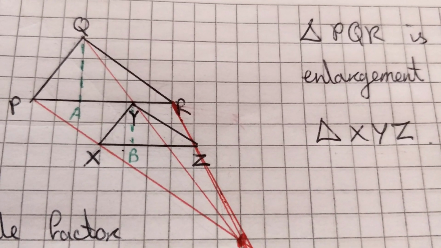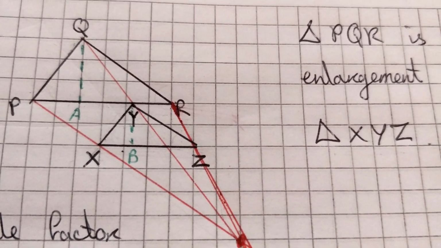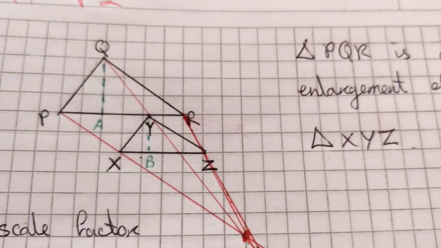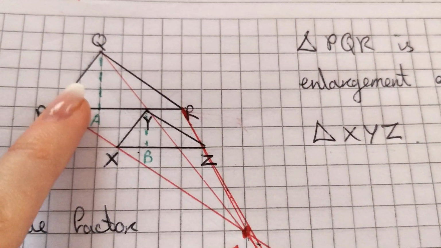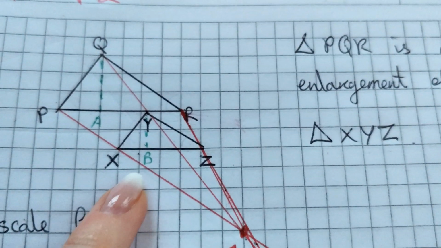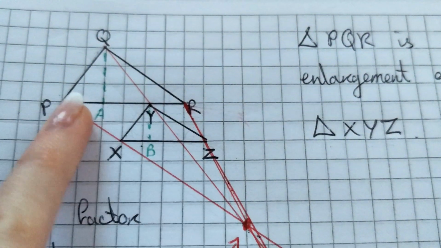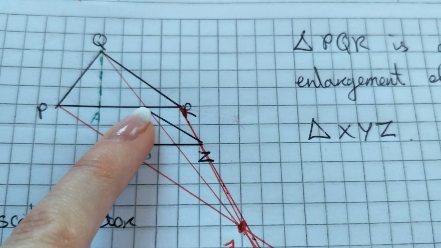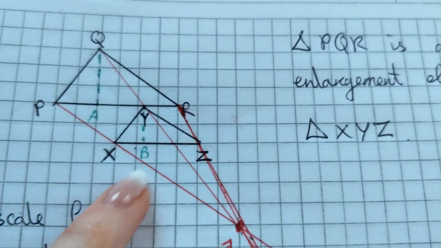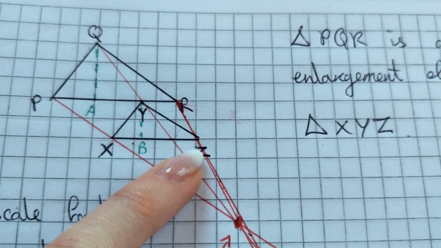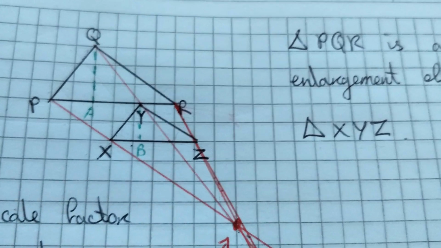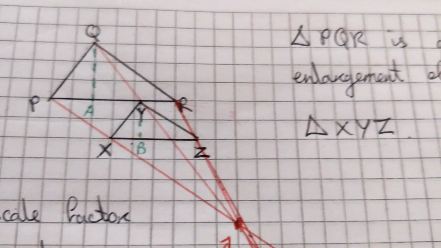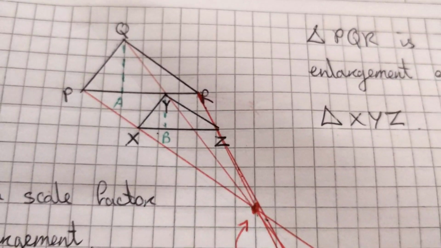Alright, so we're still going to use similar triangles here, but we're introducing our points A and B. So I'm going to look at the distance from A to R and the distance from B to Z. We can see A to R is 1, 2, 3, 4 units across. We don't know exactly what B to Z is, but what we do know is that AR over BZ should still be 3 over 2.